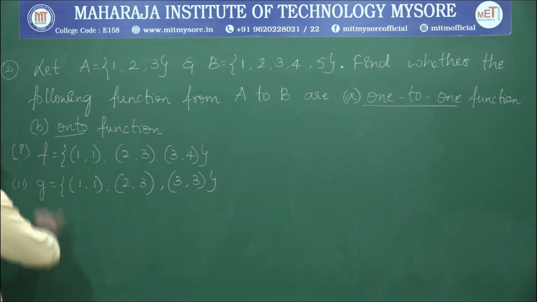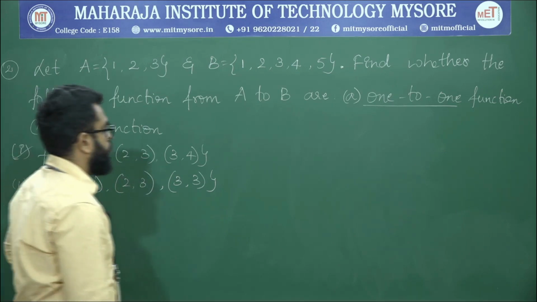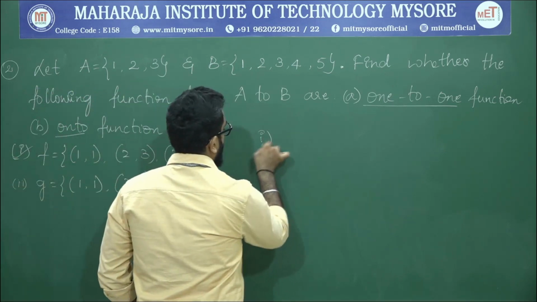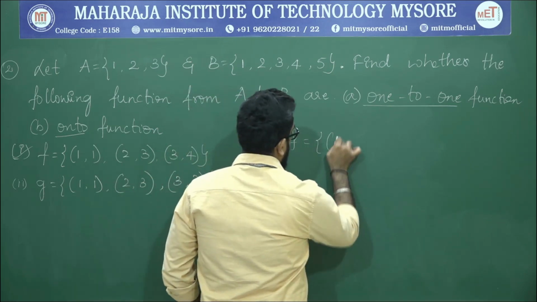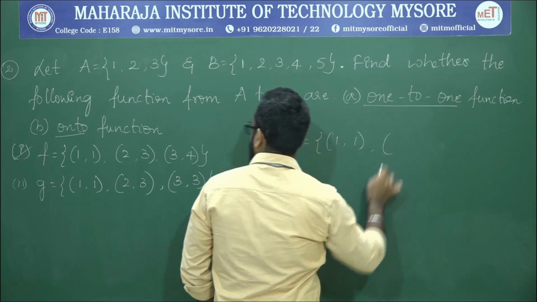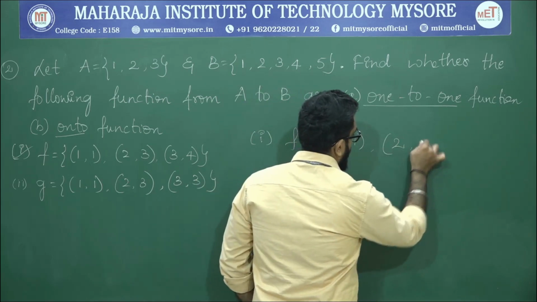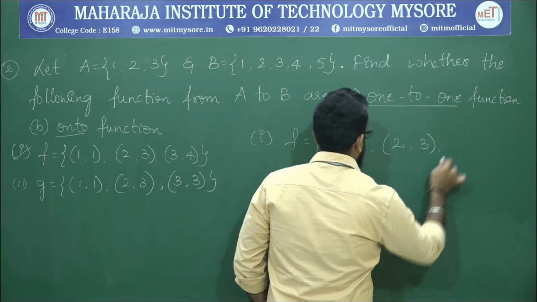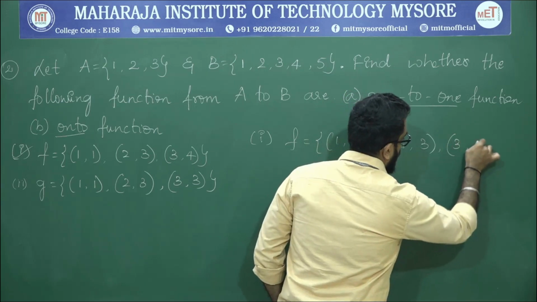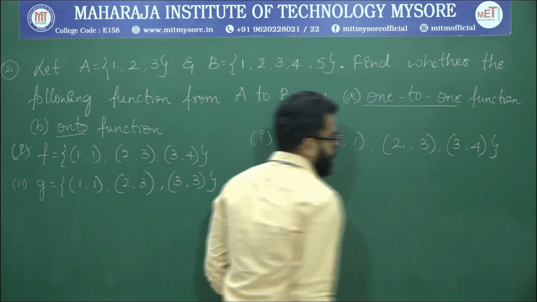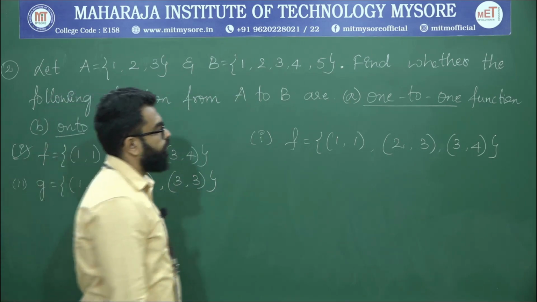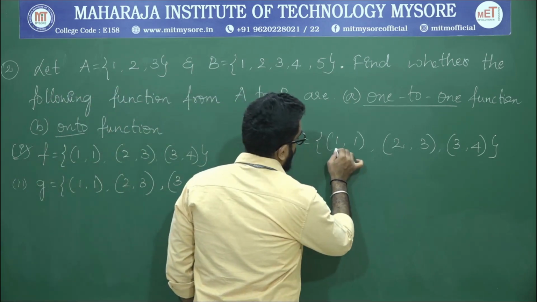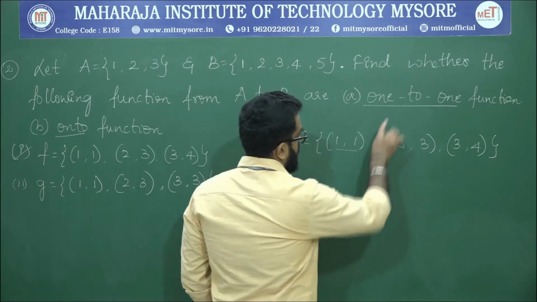So we will consider the very first function, that is f, which has the ordered pairs (1, 1), (2, 3) and (3, 4). Now we will not use an arrow diagram, rather we will try to identify without the help of an arrow diagram. Please recall the definition.